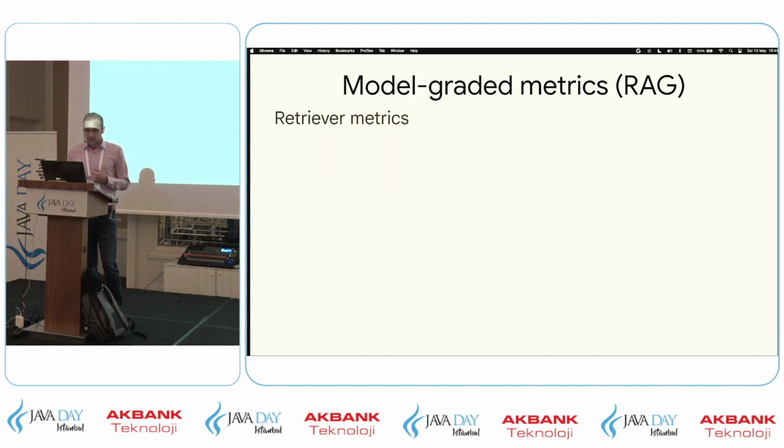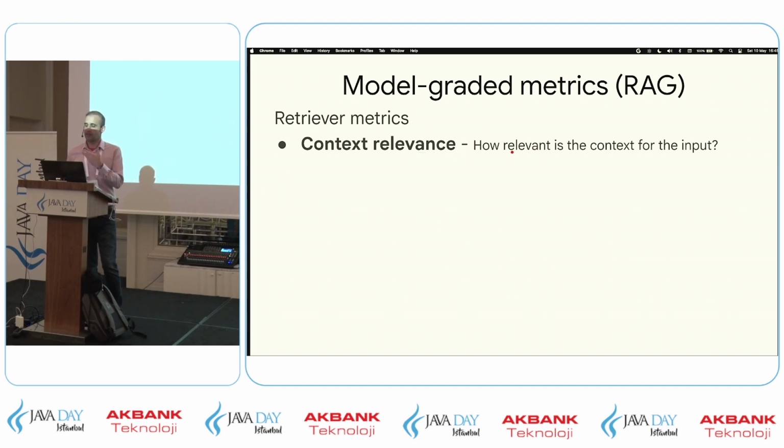So the retriever metrics, the first one is context relevance. Context relevance answers the question of how relevant the context is for the input. So is the text that I retrieved relevant for the question, okay? Context recall means did it fetch all the relevant information?